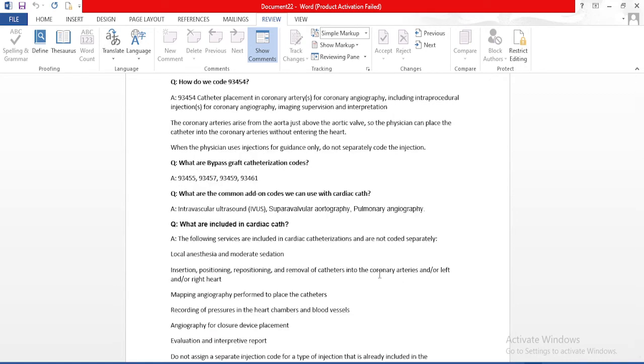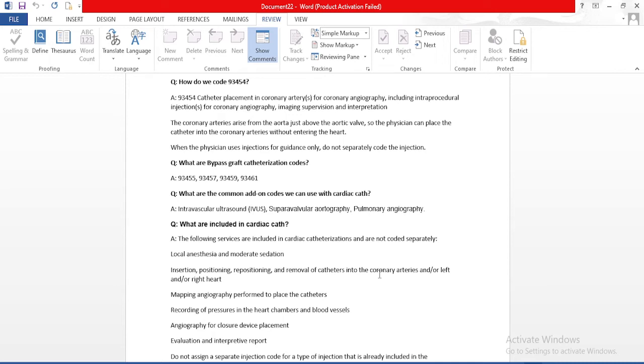How do we code 93454? 93454 is catheter placement in coronary artery for coronary angiography, including intraprocedural injection, coronary angiography, imaging supervision, and interpretation. Basically, 93454 is for coronary angiography or coronary artery catheterization.